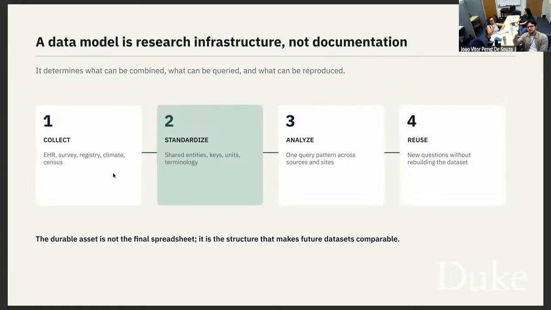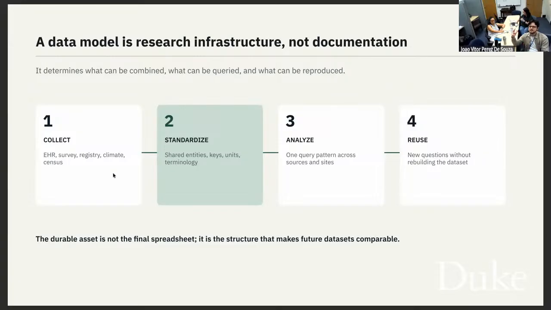You standardize them into entities, keys, units, and terminology. And entity here, you can think about what's your unit of analysis. Is it at the patient level? Is it at the encounter level, hospitalization level, or is it at the municipality, aggregated level, region, etc.?